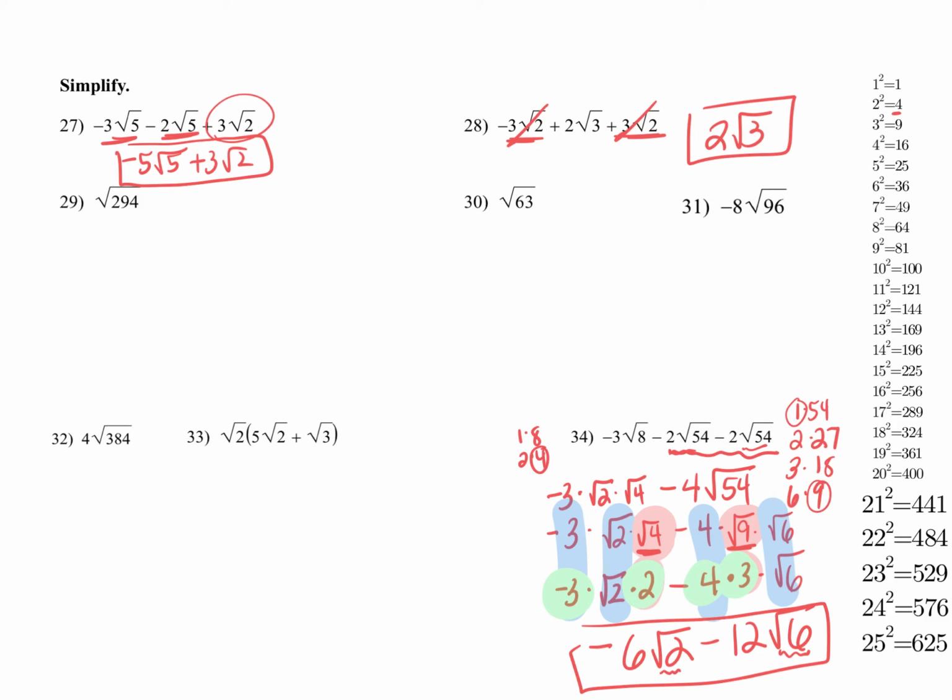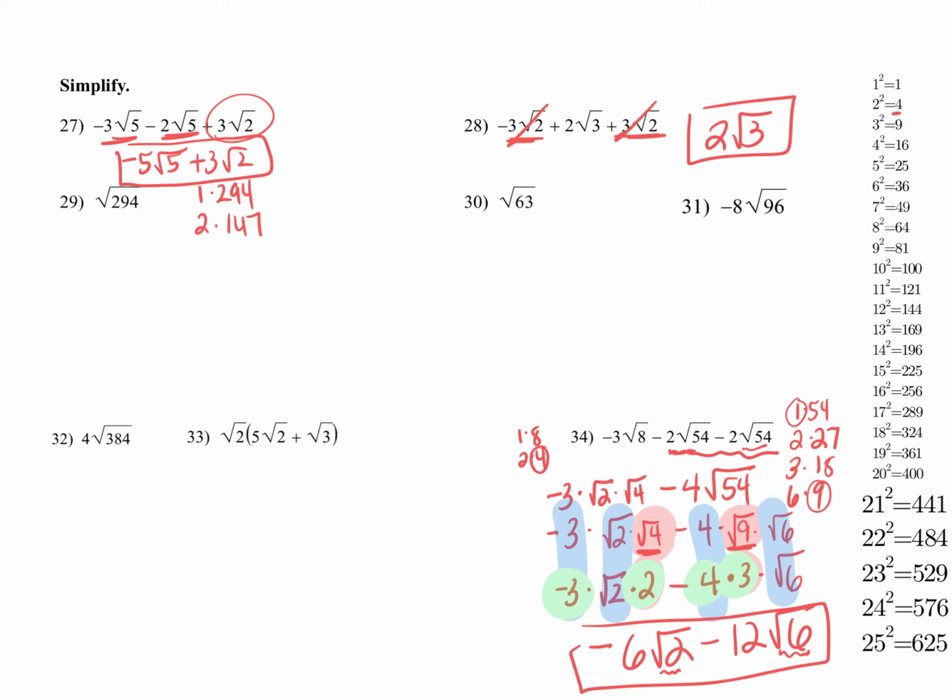Now, number 29, I just need to come up with the factors of 294. 294 divided by 2 is 147.